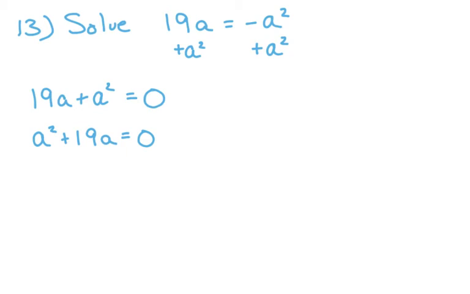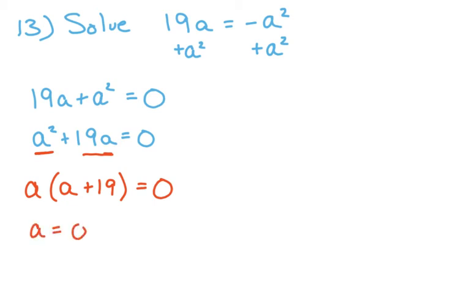The thing we're going to factor out is a. So a, if you divide this by a, you get a. If you divide this by a, you get 19. So either a equals 0 or a plus 19 equals 0.